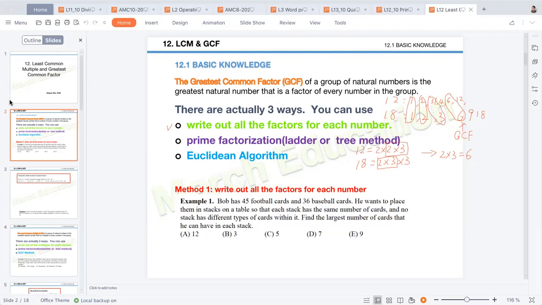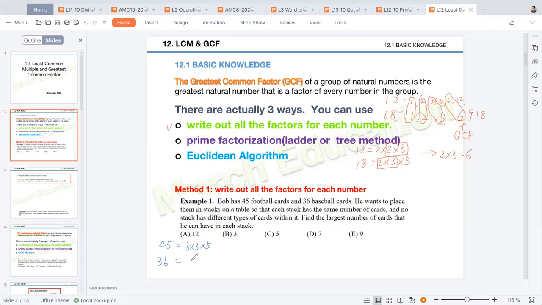Thanks to Emily. Emily already got the right answer. Kevin also gave me the right answer. So we have 2 ways. Firstly, 45 equal to 3 times 3 times 5. And what we need to do is find the greatest common factor of 45 and 36.